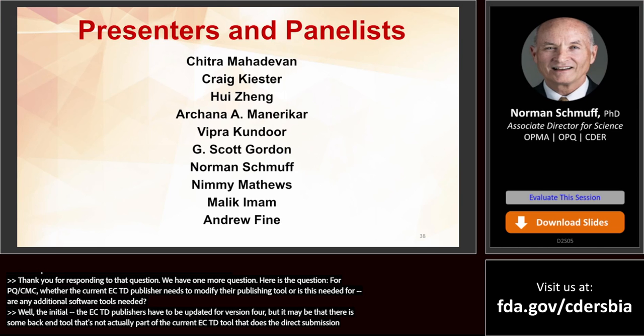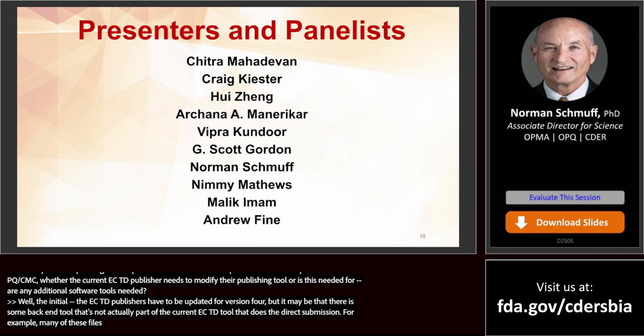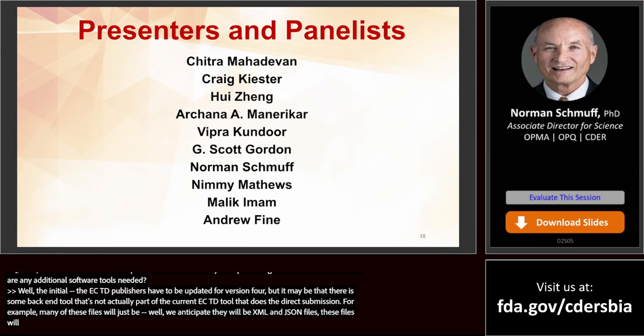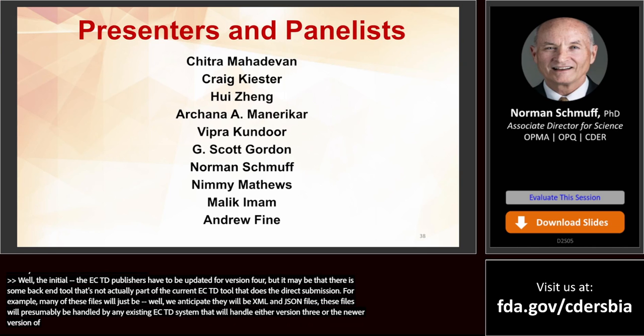For example, we anticipate many of these files will be XML and JSON files. So XML and JSON files presumably will be handled by any existing eCTD system that will handle either version 3 or the newer version of the eCTD system. So I don't anticipate that there'll be changes to that eCTD system per se, but you'll need some additional back-end tools.